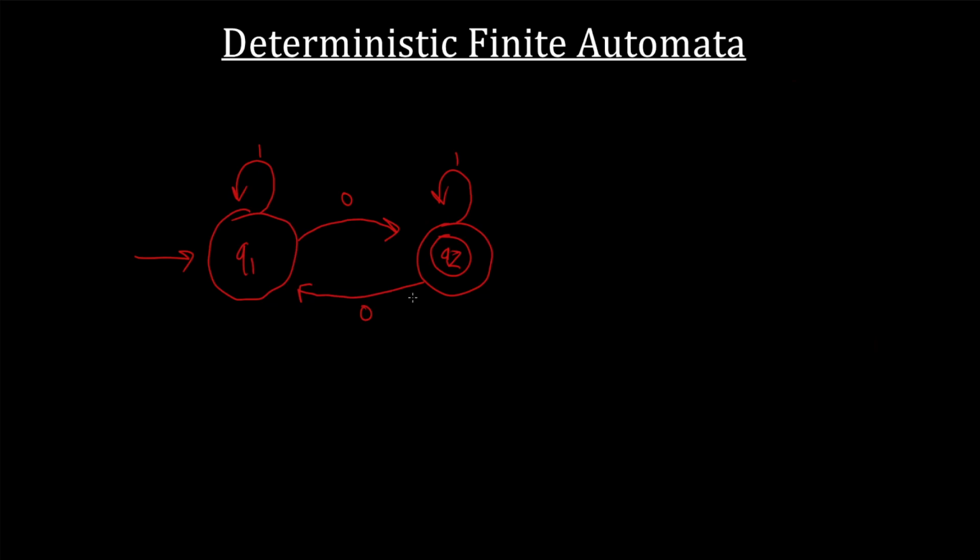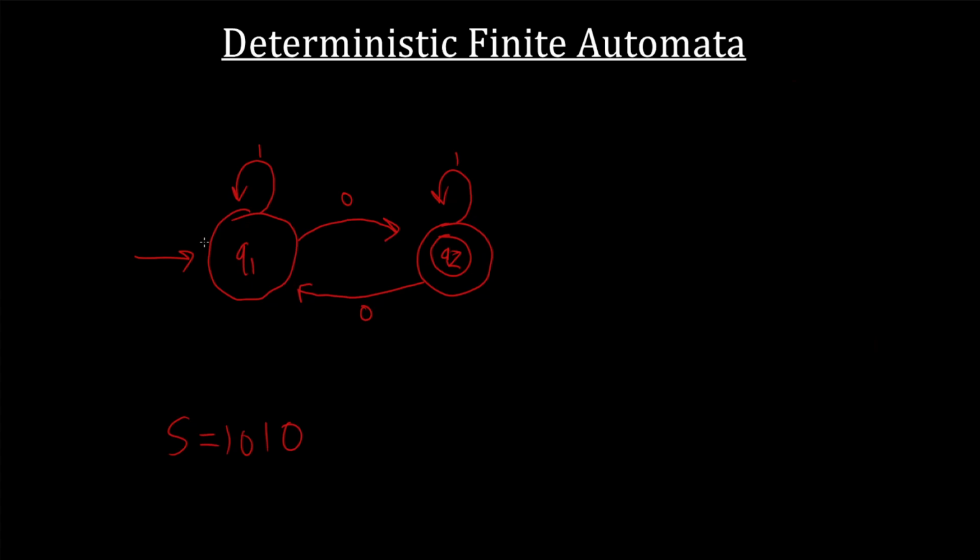So I think the best way to understand what's going on here is to do this by example. So let's say we have a string s, and let's have it be equal to 1, 0, 1, 0. So we want to go ahead and process the string on our DFA and determine whether the DFA accepts or rejects the string. In order to do that, I need to introduce this extra notation here.